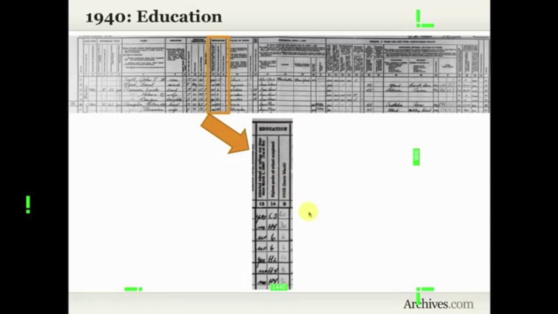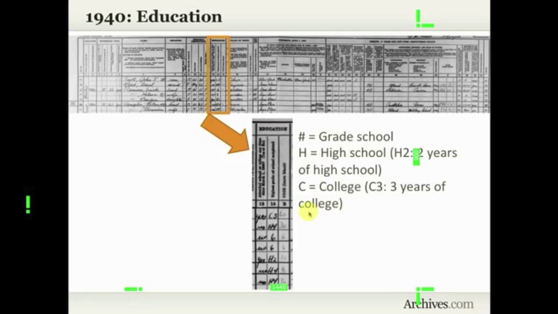So if you just see a number, like we have down here, just the number 6, that would be the number of grade that they completed in high school. These two people here with the 6s, that means that they had completed the 6th grade.